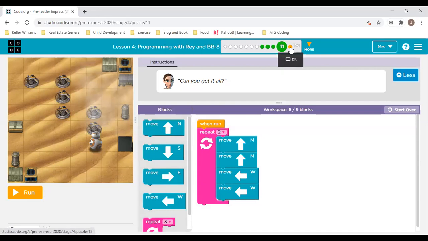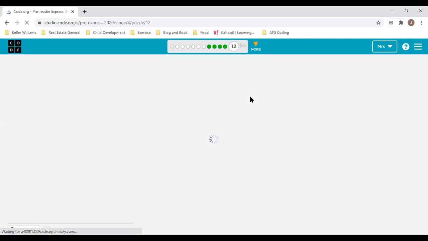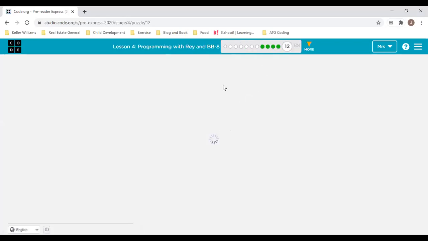Every time we try and we see, oh, it's not doing what it's supposed to do, we go back to our coding and we can see where we made a mistake, we can remove a block, and we can add a block. So that's what's so much fun about this coding, that you cannot break it. You can always go back to solve your problem.